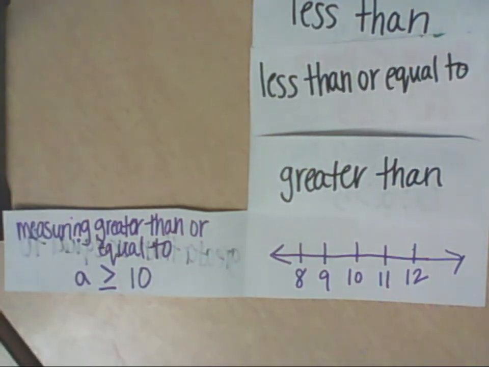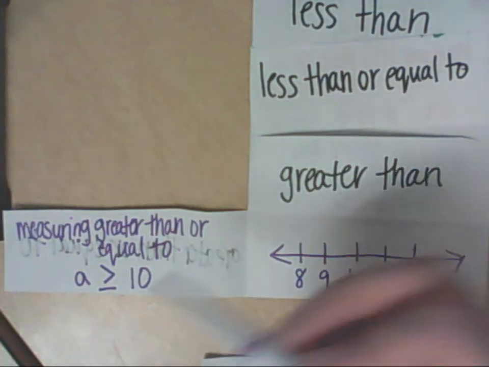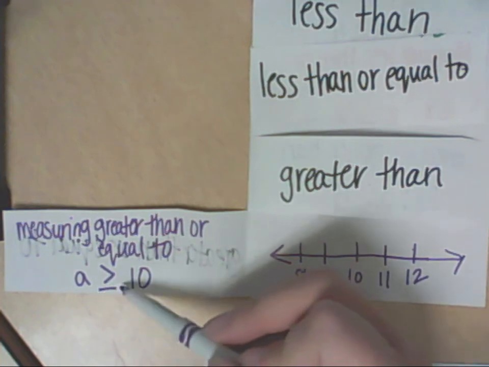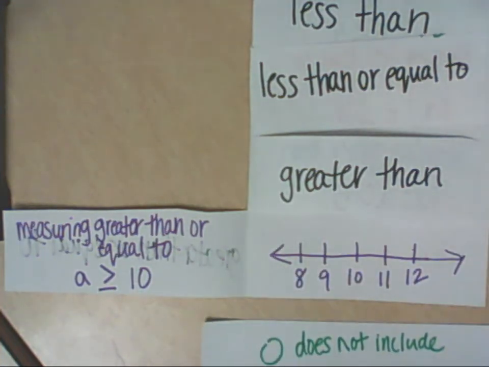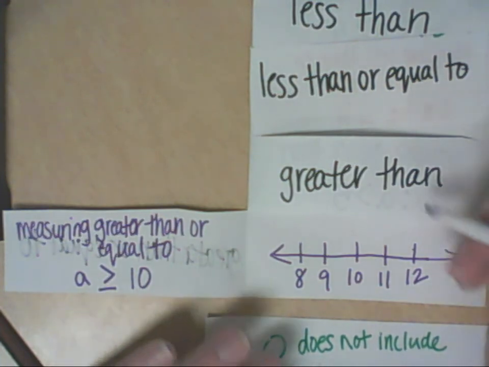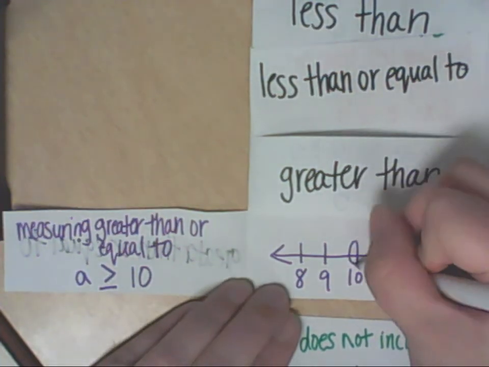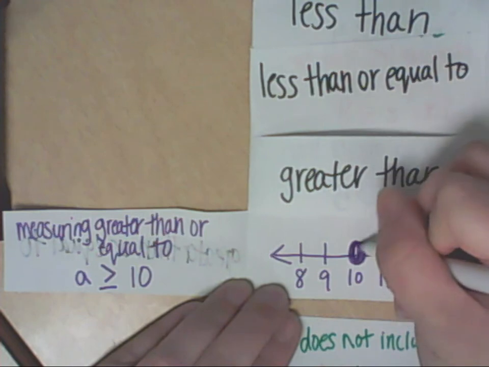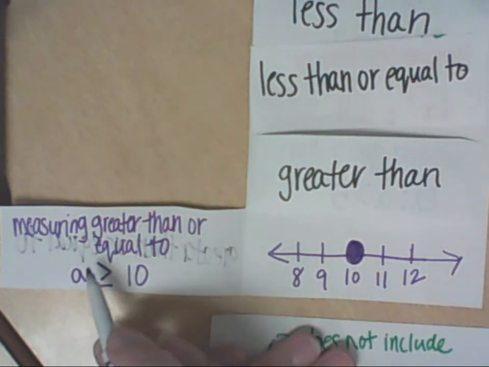So since it says equal to, are we going to use a closed circle or an open circle? You're absolutely right. Anytime we have a greater than or equal to, that equal to tells us that we need to have a closed circle. So you're going to put a closed circle on 10.